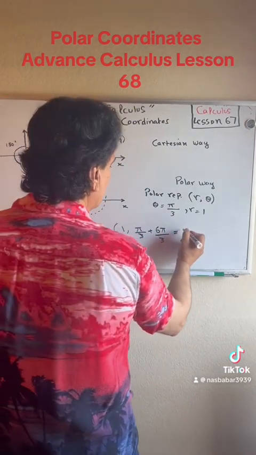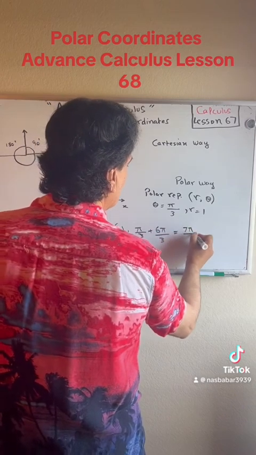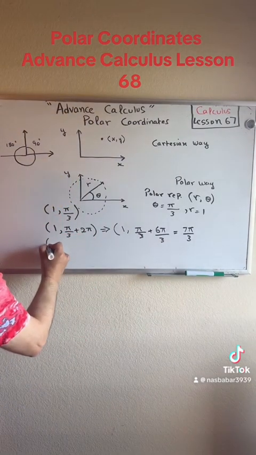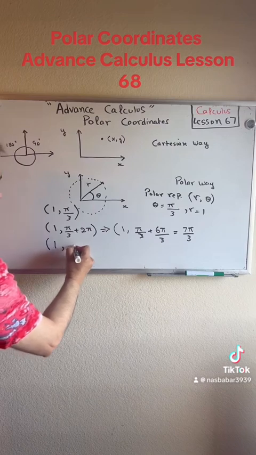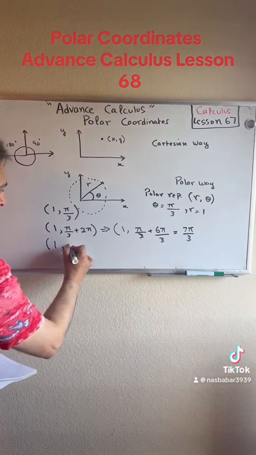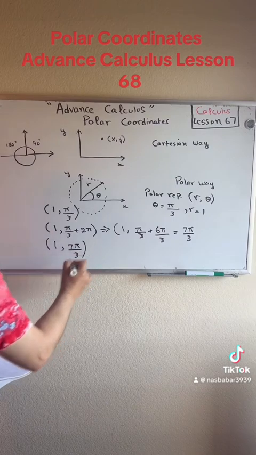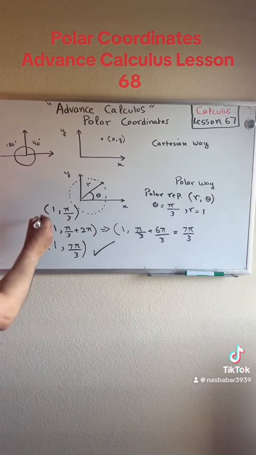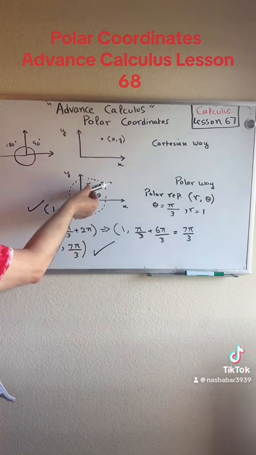So this becomes 7 pi over 3. Then I can write this polar representation as (1, 7 pi over 3). This is a good answer. Now I can go back and go one more time.